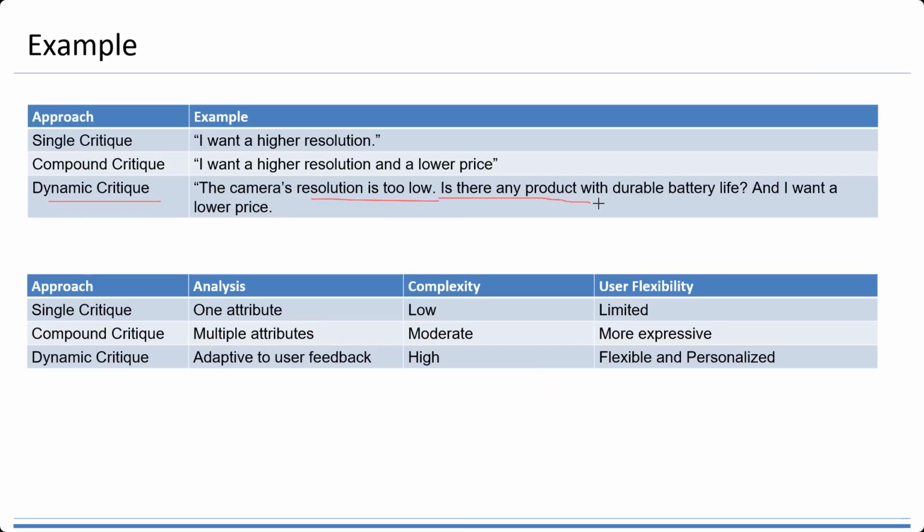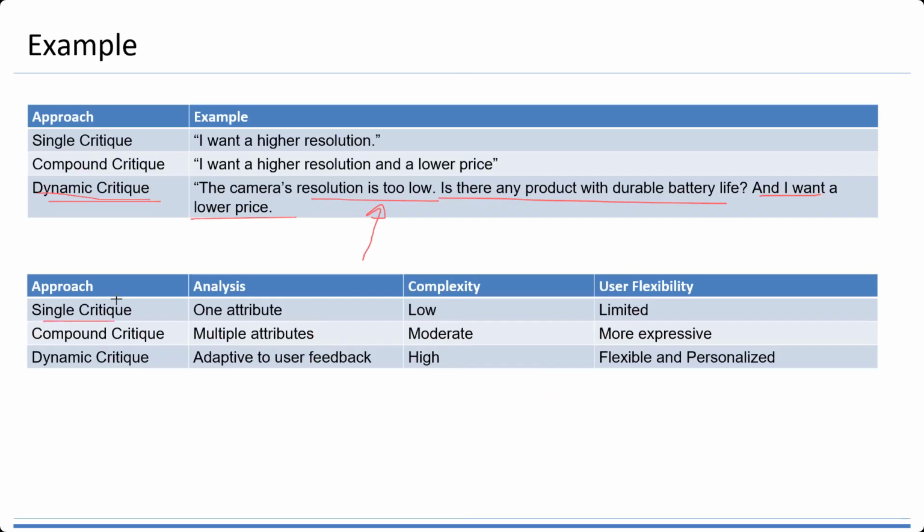Is there any product with durable battery life? And I want a lower price. So this is common in real life. The user will give some critic on the recommended items. This kind of critic is very dynamic and it is based on some text like this one.